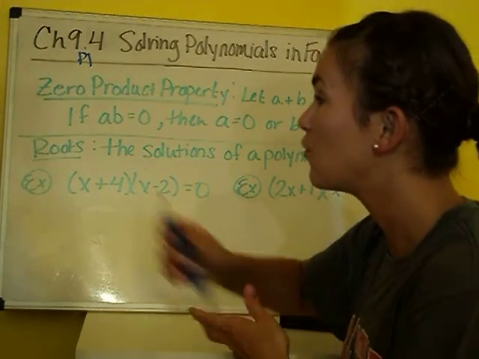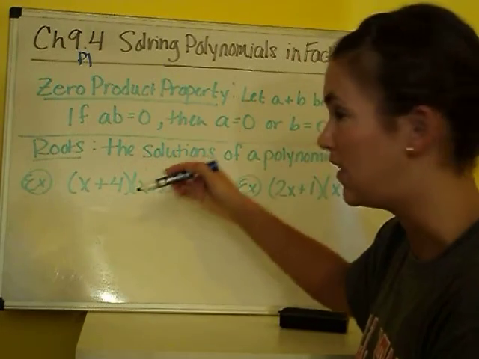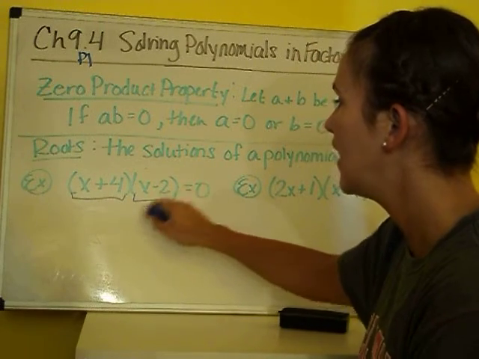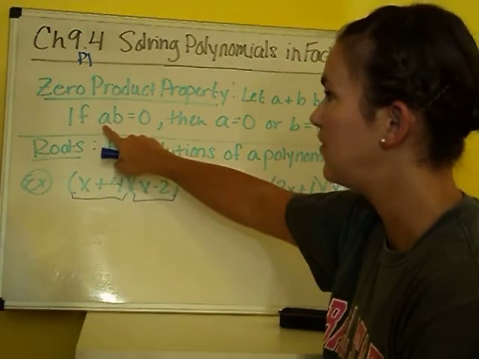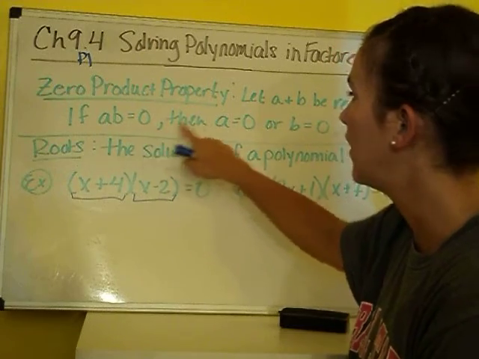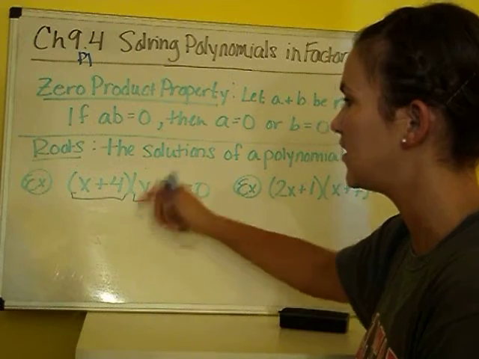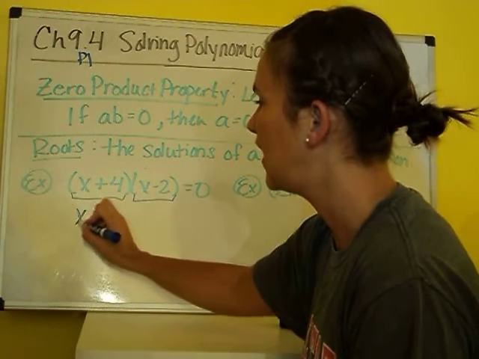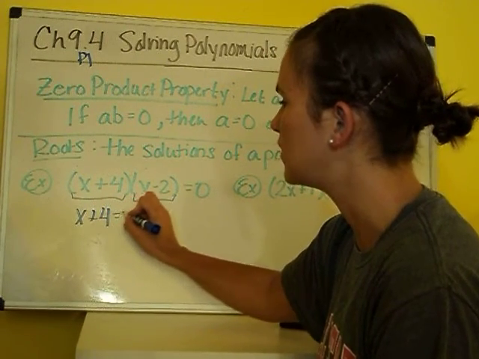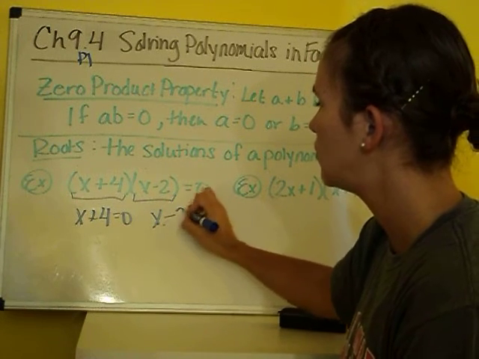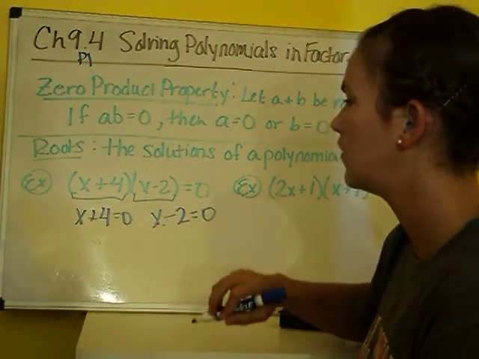To find our roots, or the solution of this, we're going to take each factor and set it equal to 0. If A times B equals 0, then either A equals 0 or B equals 0. So if this is our A and this is our B, then either x plus 4 equals 0, or x minus 2 equals 0.